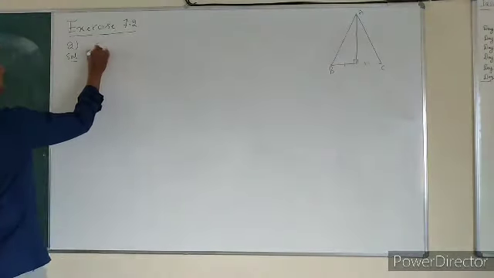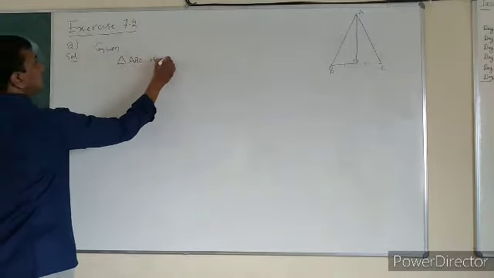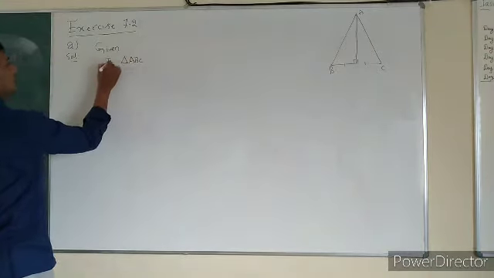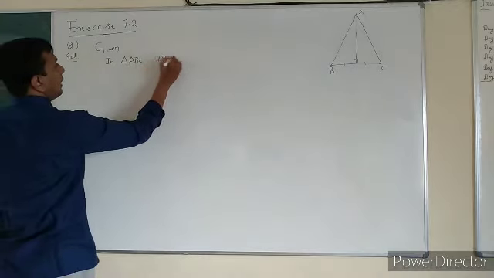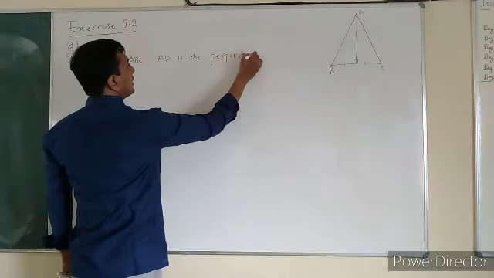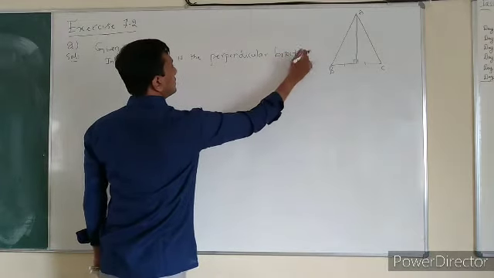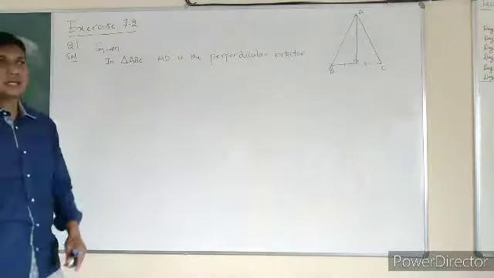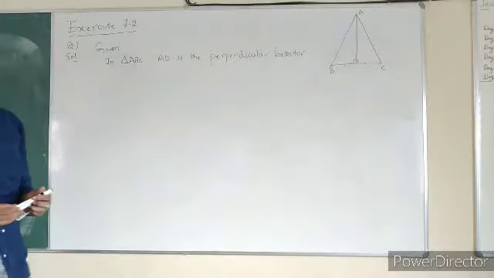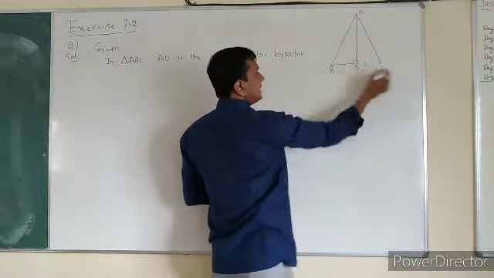So he has given the data that in triangle ABC, AD is the perpendicular bisector. By using only this statement and figure, we have to solve the problem. Now we have to compare triangle ABD and triangle ACD.